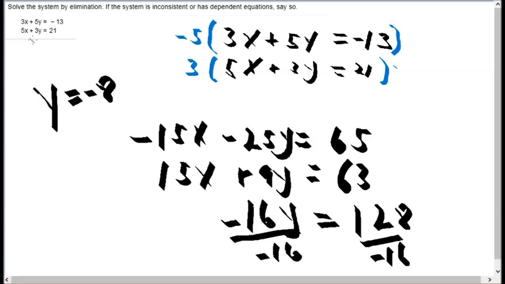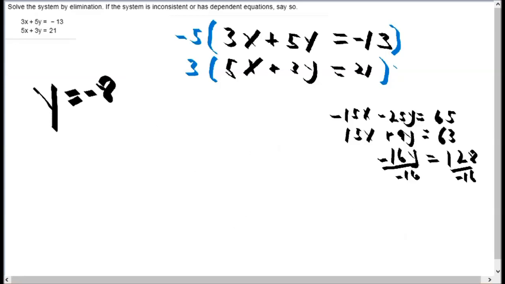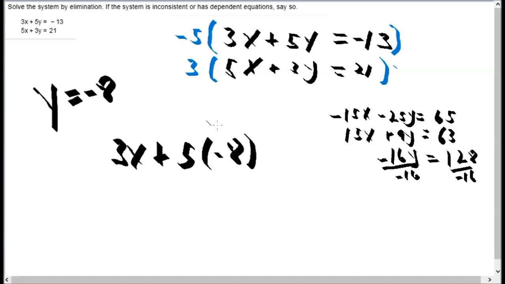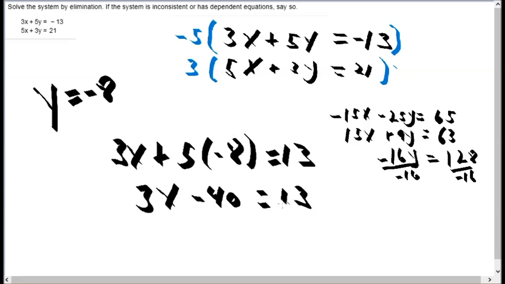Okay, and then if we want to plug that in for any one of these, we can just plug it into the first one. I think it'll be just fine. So we'll do 3x plus 5 times negative 8, because that's what y is. It's got to be equal to 13. Okay, so 3x minus 40 is equal to 13. We're going to add 40 to both sides.